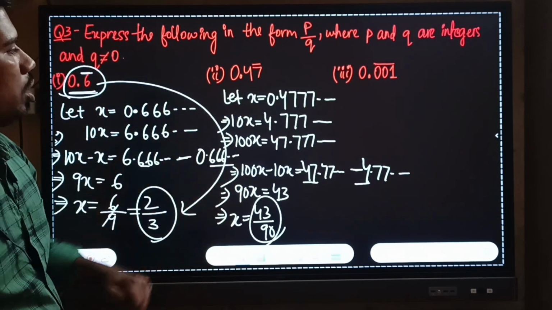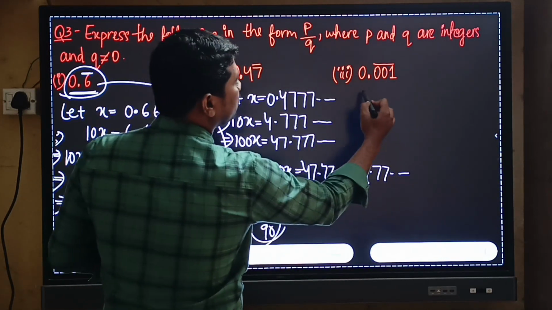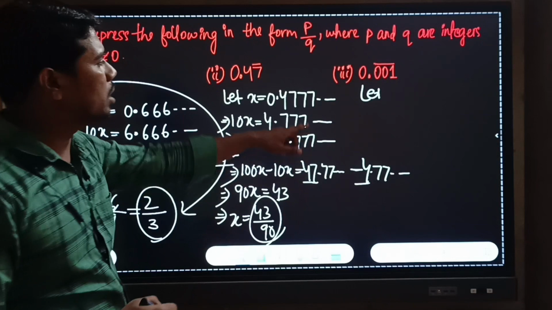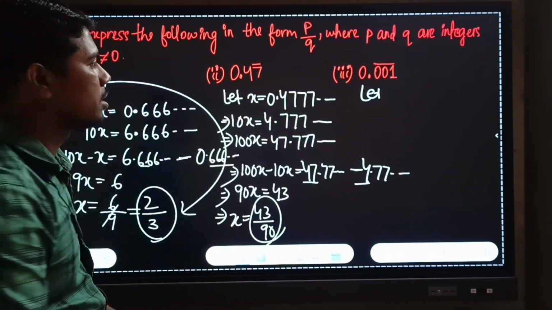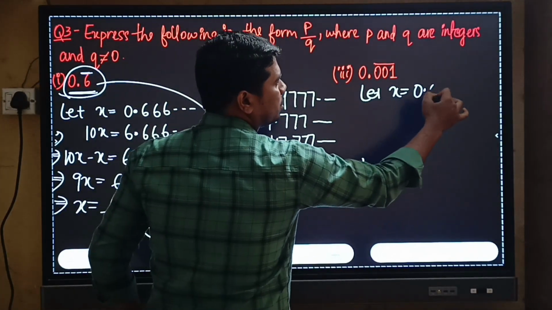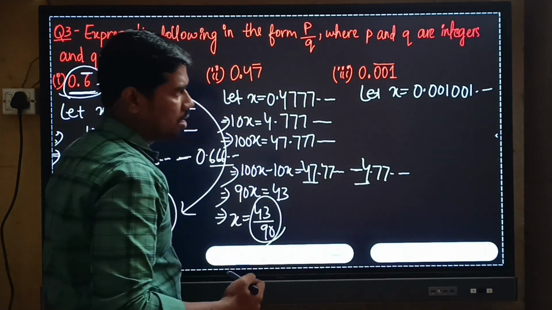Okay. Now the third one. The same thing. The question is 0.001 with the bar on those 3 digits. So let x equal to 0.001001 like this I can write.